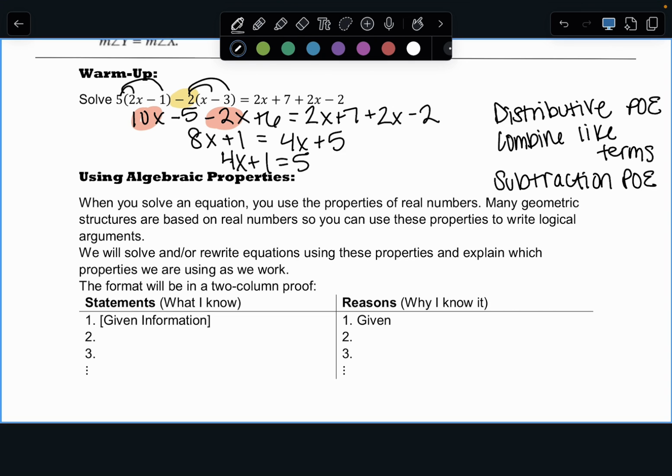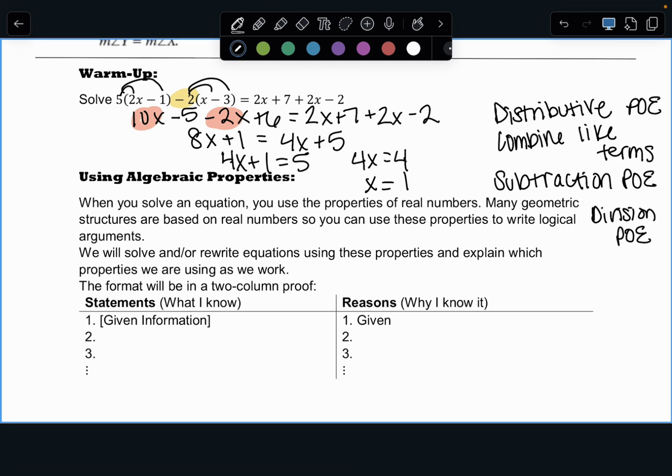What should I do with that 1? How do I get rid of it? Subtract again. Subtraction POE. We get 4x is equal to 4. My very last step, what should I do? Divide. So what property am I using if I'm dividing? The division property. Perfect. So division, POE.